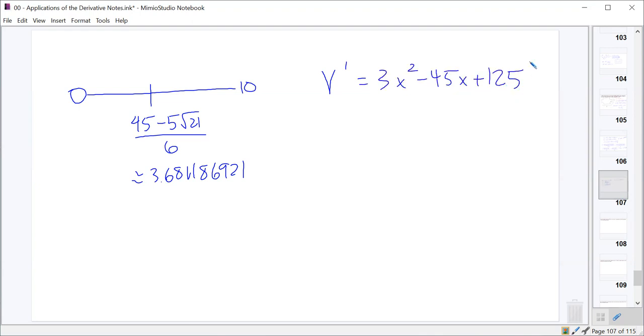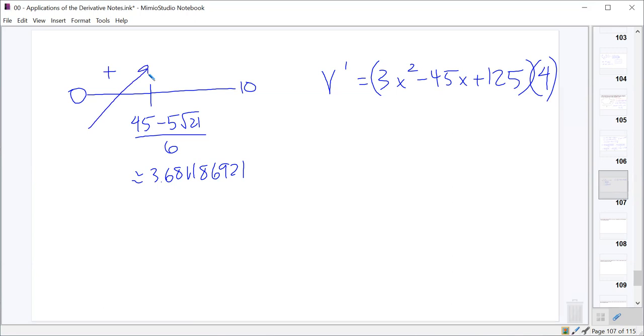I guess I should keep the 4 there, right? Since I called it v prime, so times 4. And if we evaluate something less than 3.68, like 1 in here, we've got 3 minus 45 plus 125, which is clearly positive, times 4, which is clearly positive. So our derivative is positive and we're increasing.